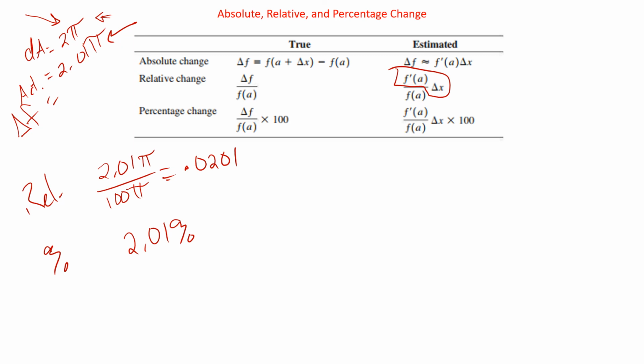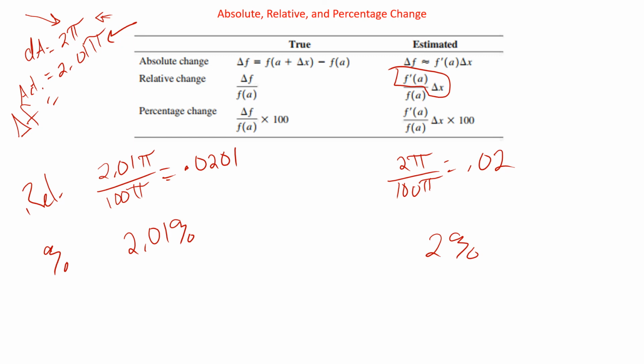So our relative change here is going to be 2 pi divided by the 100 pi, that original area, which is just 0.02. And then the percent, again, we multiply by 100, so it's just 2%. So we estimated that we're going to gain 2%. In actuality, we gained 2.01%. It's just another way of looking at the different things.